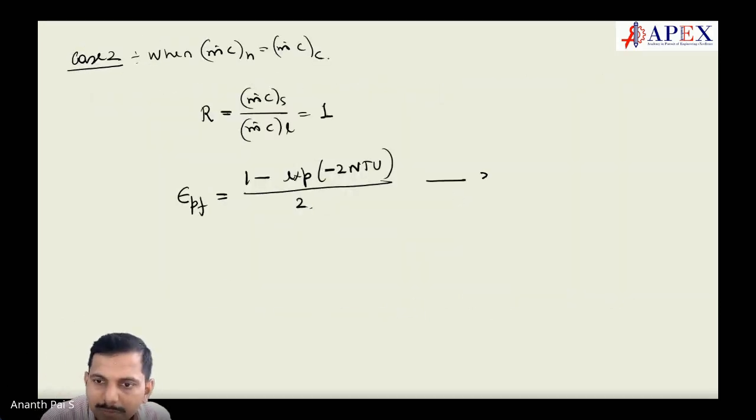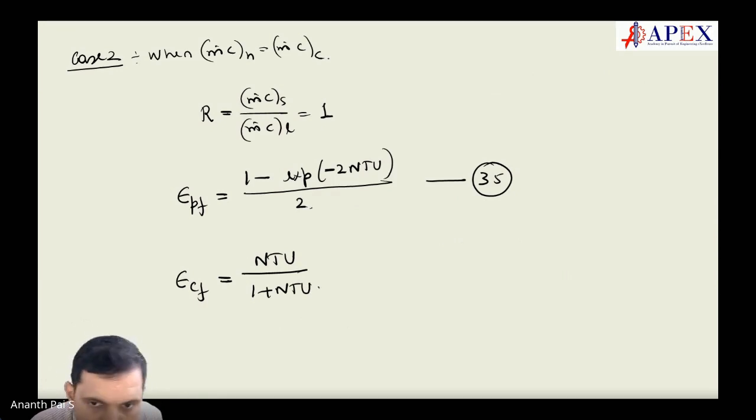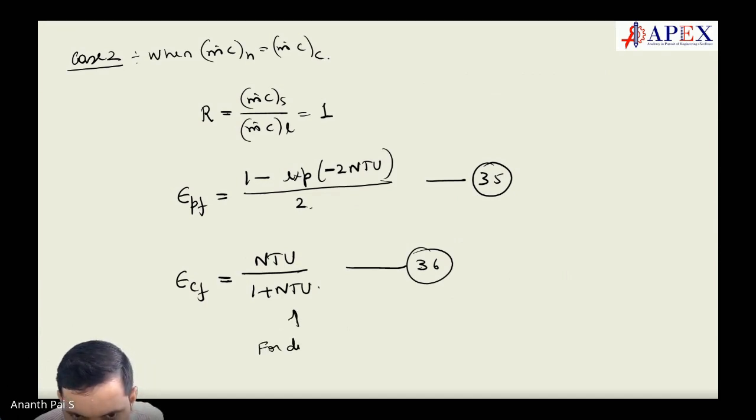You write this as the next equation, 34, 35. And epsilon for counter flow becomes equal to NTU divided by 1 plus NTU. I'm not doing the derivation for this. For the derivation, refer to the book.